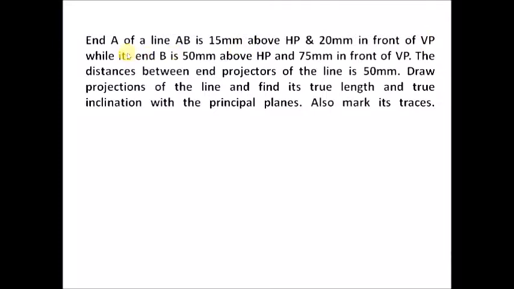It means the projection of the point A of the line is 15 mm above HP, that is the point A dash. Point A dash is 15 mm above HP and point A is 20 mm below. In front means it is below XY line. We have to mark point A 20 mm below XY line.